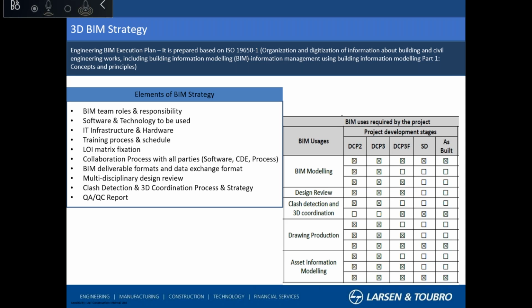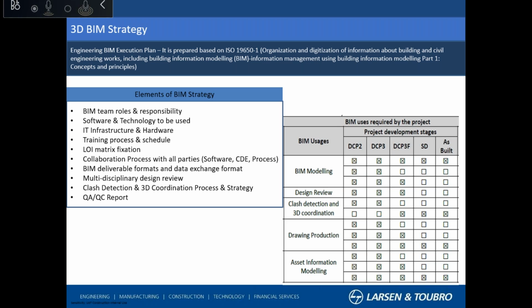If you see on the right side, this is an example of one of our current projects, where we took this format from ISO 19650 part 1. There we distribute among three stakeholder parties.